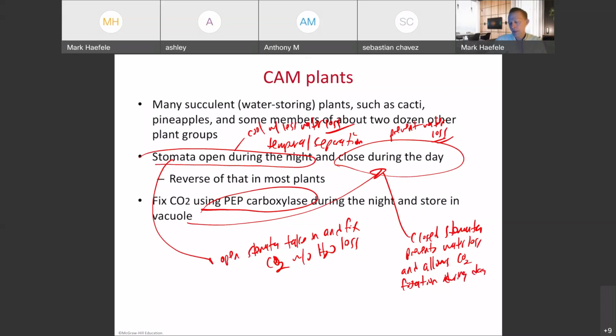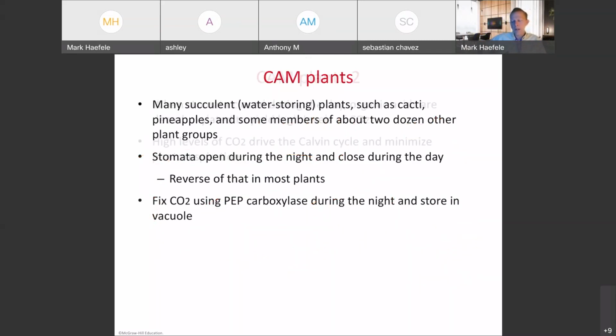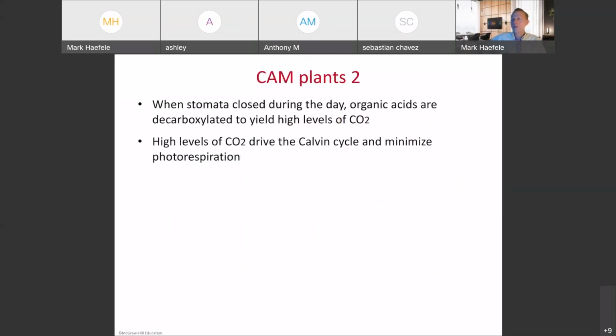So they're soaking up all their CO2 at night, and then going through their CO2 fixation during the day. So they're temporarily opening up their stomata. And so that's what's happening. When you're closed during the day, you're making your sugars. When you're open at night, you're collecting in your CO2.